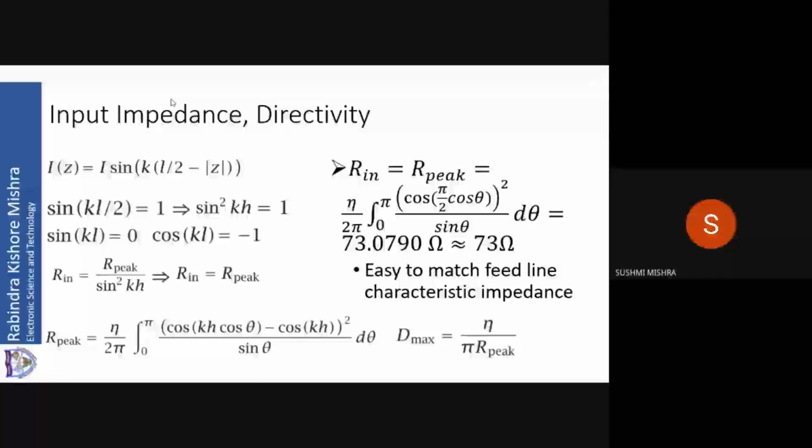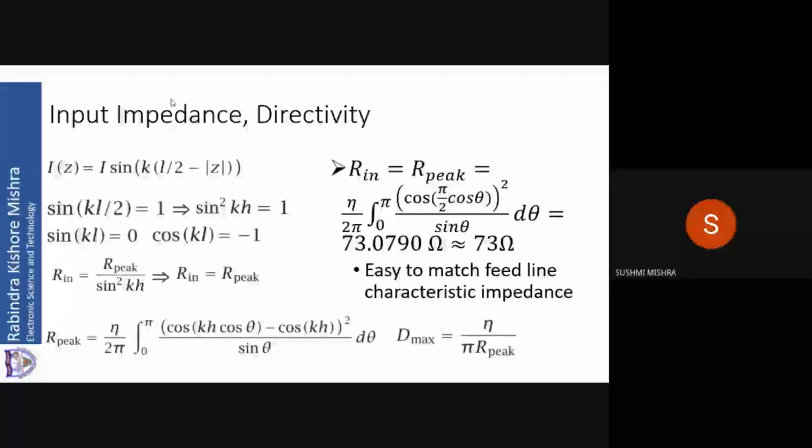So now my Rin, which is equal to R peak, will be equal to eta upon 2 pi integration 0 to pi of cos square of pi by 2 cos theta divided by sin theta d theta. Using numerical integration, this will give me 73.0790 ohm, which is approximately equal to 73 ohms.